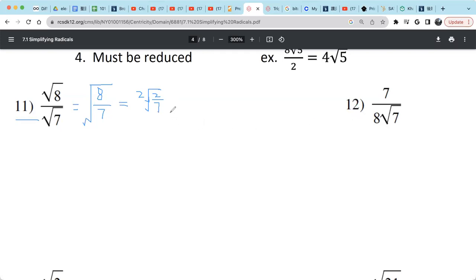And a lot of time, we don't like to keep the denominator. Let's see if I rewrite this right. I read it as 2 radical 2 divided by radical 7. We don't like the irrational numbers to appear in the denominator. Let's see why. I have 2 radical 2 apples shared by square root of 7 people.